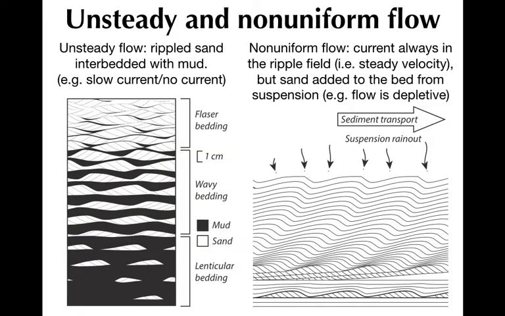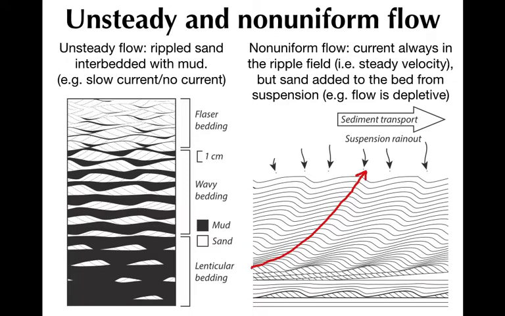So when you get non-uniform flow, where the flow is spreading out, the current is always steady and steadily producing ripples, but you're adding sand or sediment to the bed from suspension because the flow is spreading out, then you end up getting climbing ripples. Again, we can see that angle of climb right through like this. I'll draw that in for you.